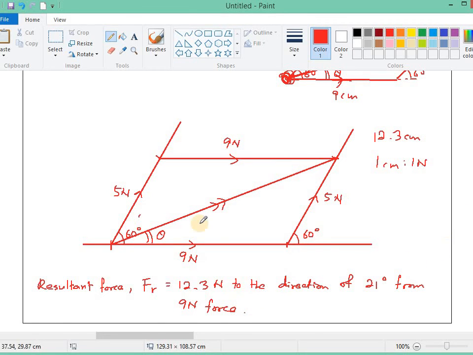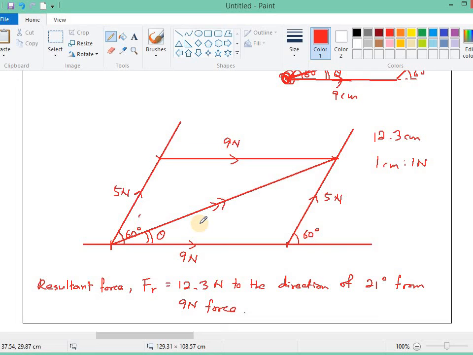Okay, so already successful in getting the resultant force of 5 Newton and 9 Newton acting on the object at the angle of 60 degree, which is 12.3 Newton.